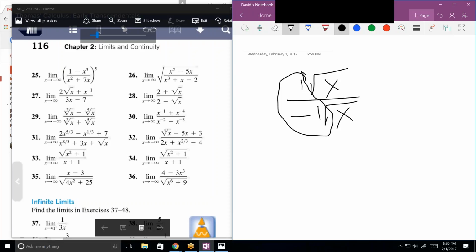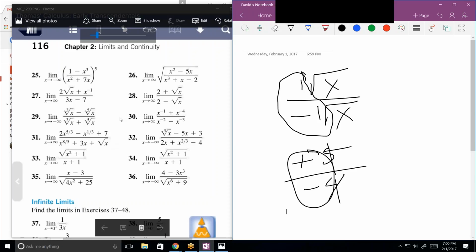Okay, now I understand it, because there's a negative that overpowers the positive. Right. In 22, we had +5 over -4. Well, I didn't care about the 5 and the 4, but I cared that it's going to make it negative. And that makes a difference as to what it goes to. All right. Got it. It's 7.